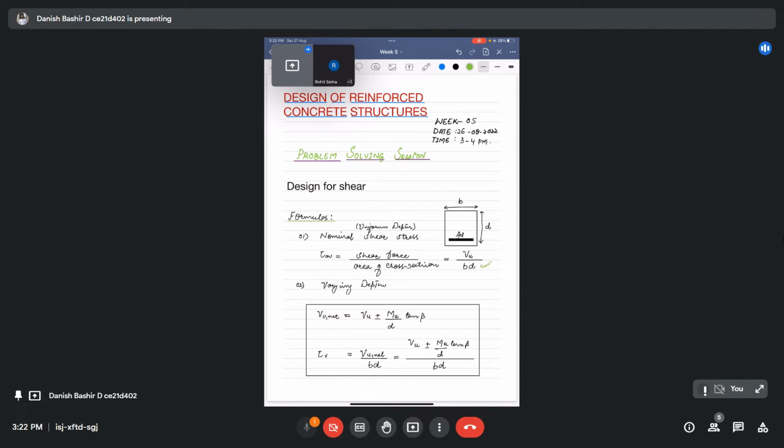If the depth of our cross section is varying, like we see in our cantilever beams, or arch type beams, there our depth varies with the span of the beam. So for those we have formulas for net shear force equal to Vu plus minus Mu by d tan beta, where beta is this angle.